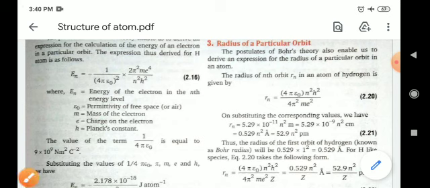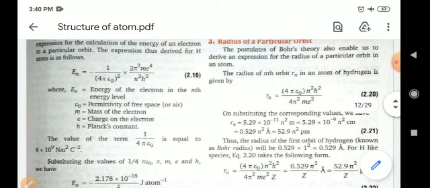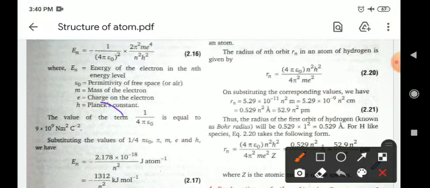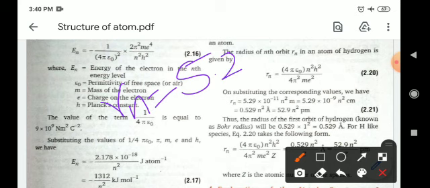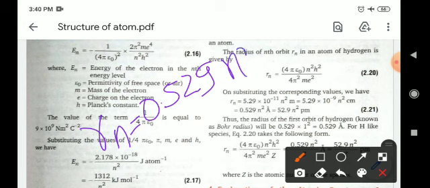After putting in all the values, we get the expression Rn equals 0.529 n square.